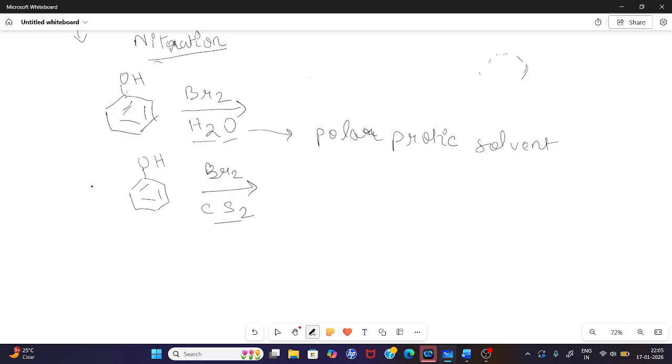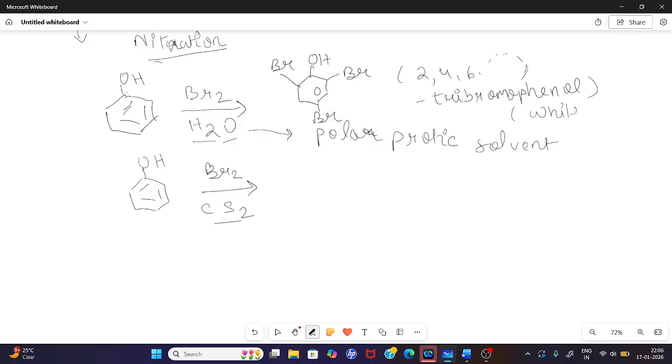In such cases, the product formed is a tribromo product, a tri-substituted product. We call it 2,4,6-tribromophenol, and it gives you a white precipitate.